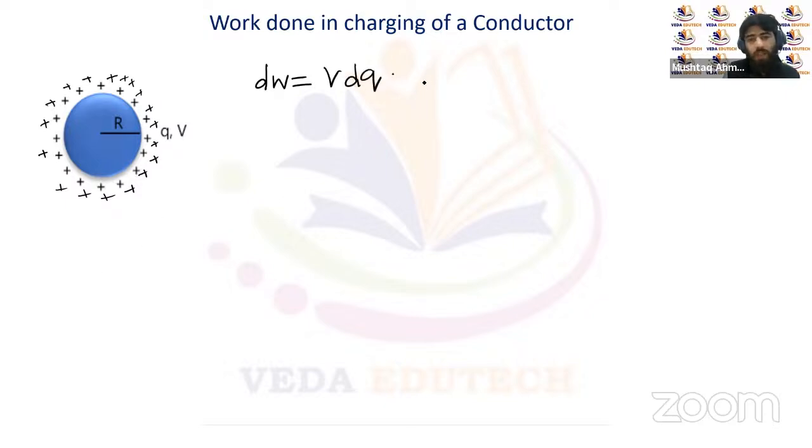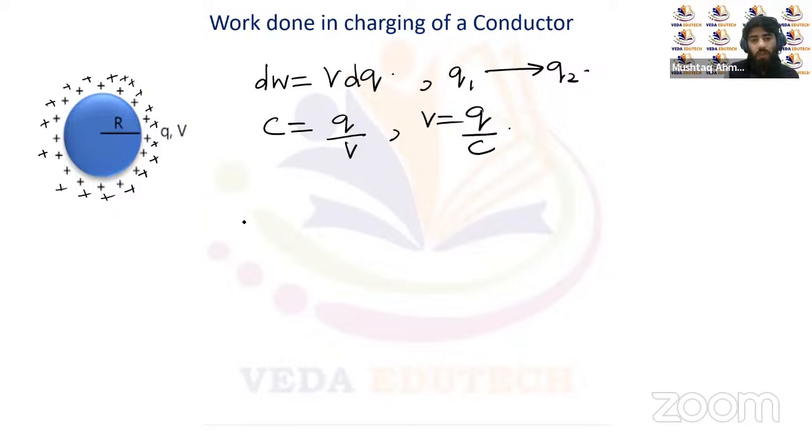Let's suppose we're supplying the charge from q1 to q2. Initially the charge was q1 and the final charge is q2. We know that the capacitance of this conductor is q upon V, so we can replace V with q upon C. Our dW will be equal to q upon C dq.